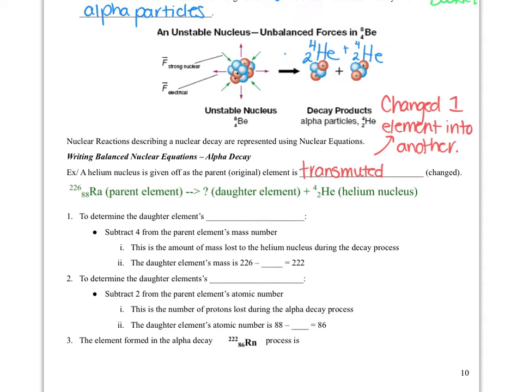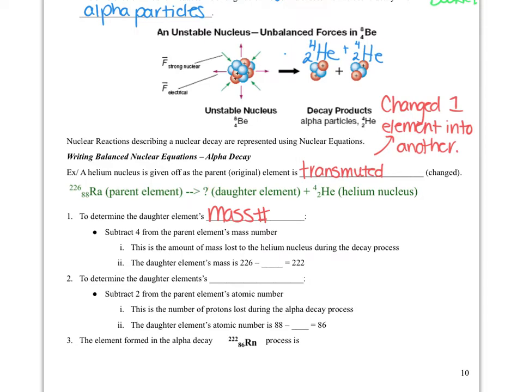So to determine the daughter element's mass number, we will subtract 4 from the parent element's mass number. So the parent element's mass number is 226. Remember that we have to be able to say that the 226 on this side is equal to whatever the top numbers are on this side added together.